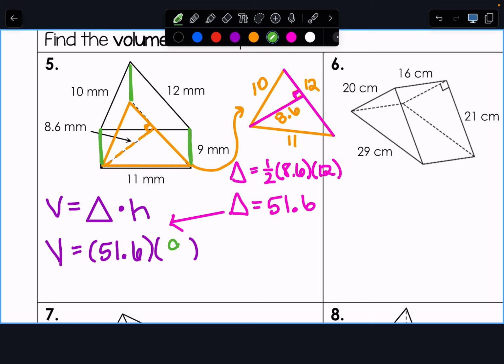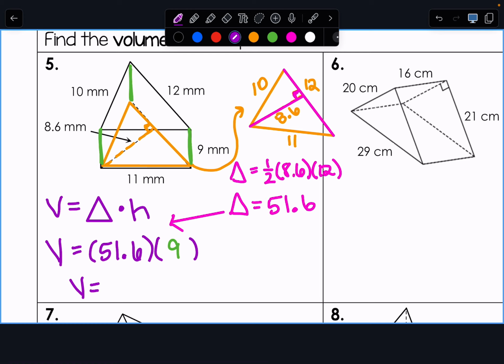It is 9. Okay, the distance between the triangles is that height we're looking for our prism. So we're taking the area of our triangle times 9.